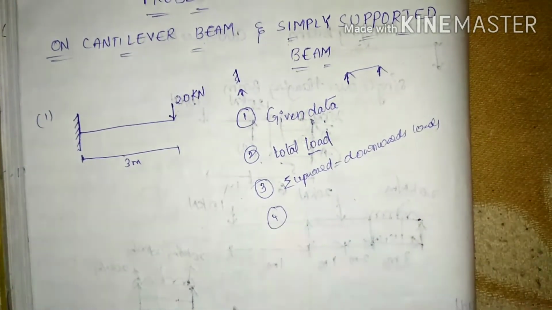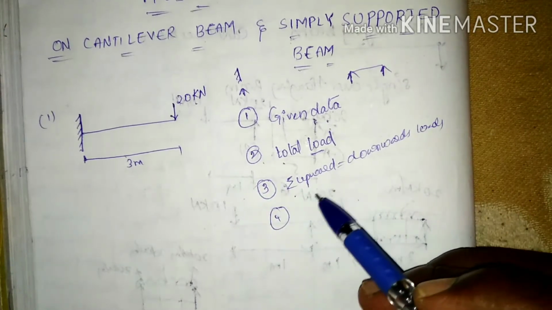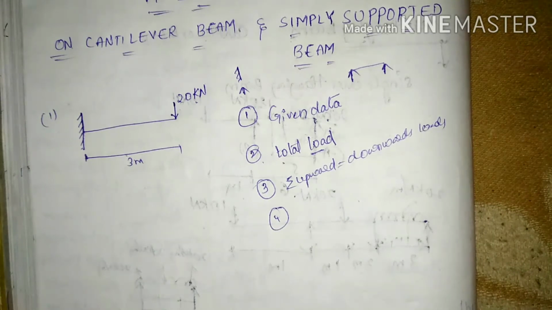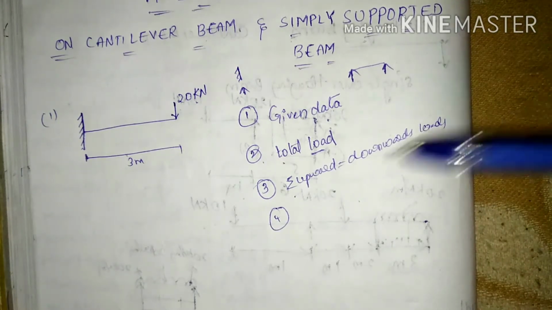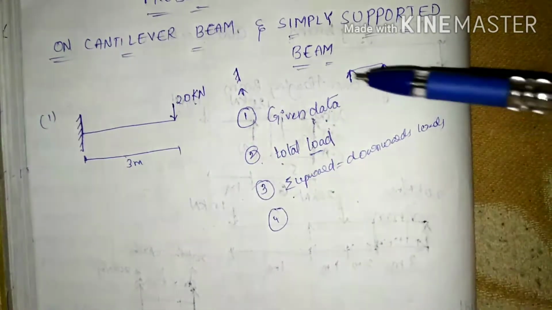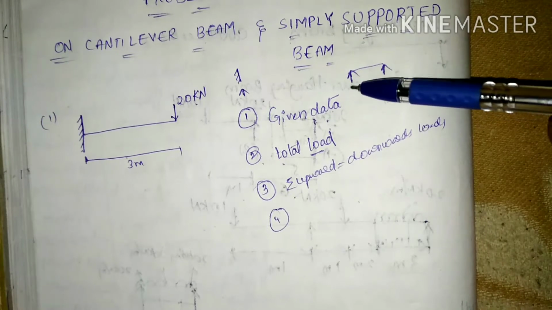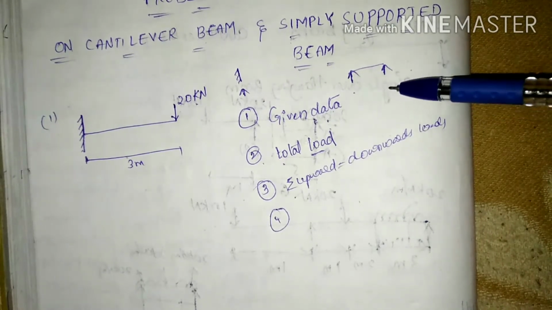Next, number 4. When we equate upward reactions equal to downward loads, we are going to find the RA value for the cantilever beam, and similarly for a simply supported beam we are going to find both RA and RB.